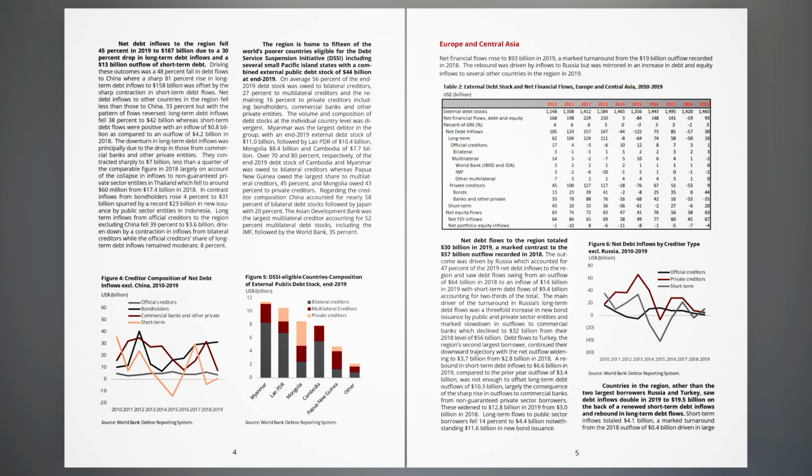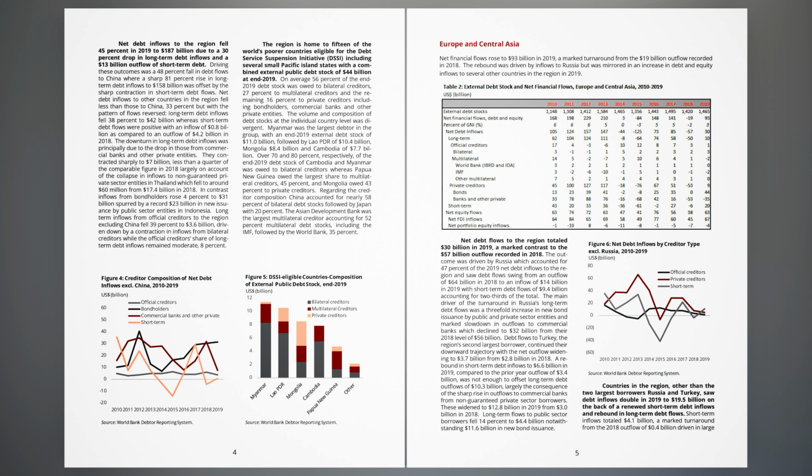Figure 6. Net debt inflows by creditor type excluding Russia, 2010 to 2019. Countries in the region, other than the two largest borrowers, Russia and Turkey, saw debt inflows double in 2019 to $19.5 billion on the back of renewed short-term debt inflows and a rebound in long-term debt flows.